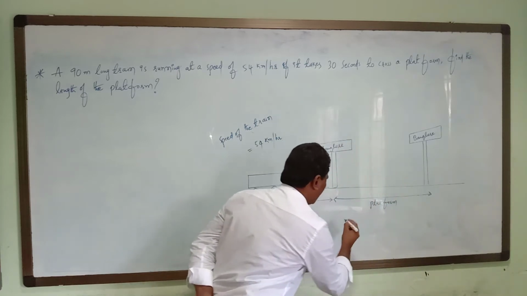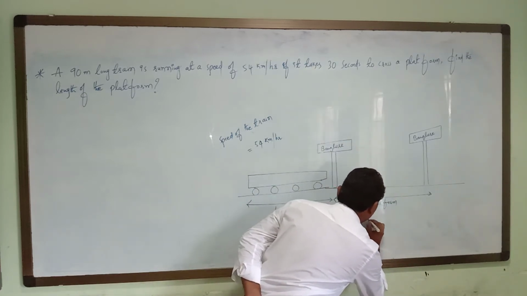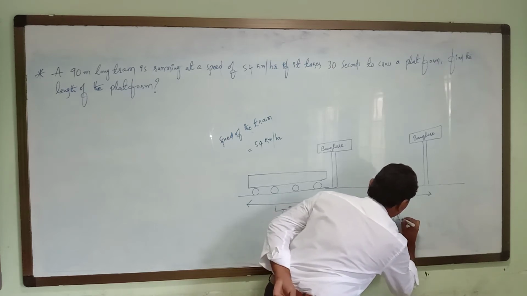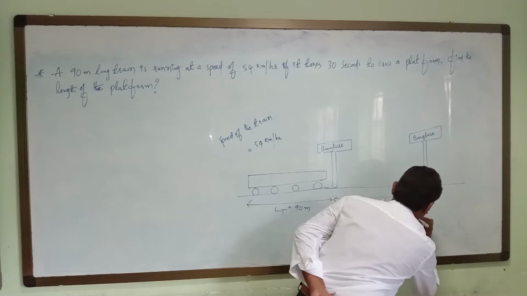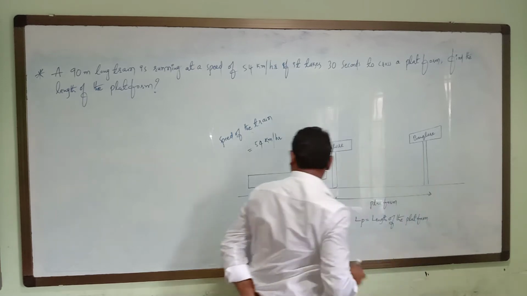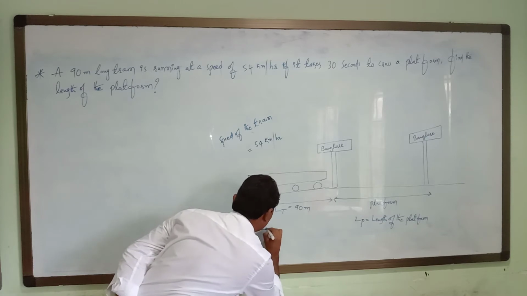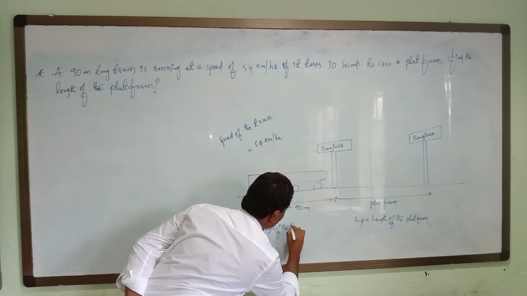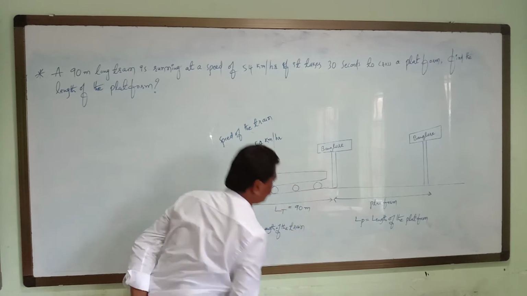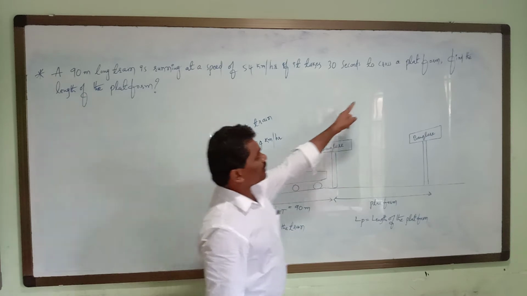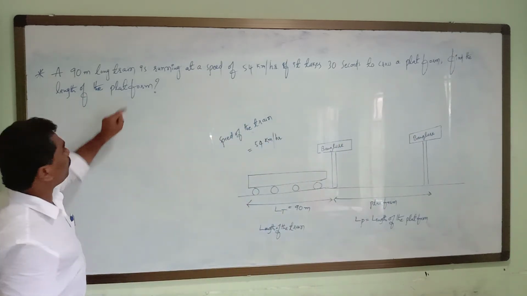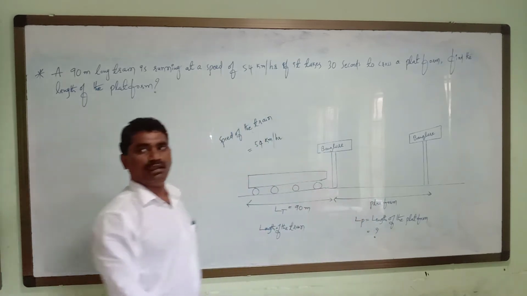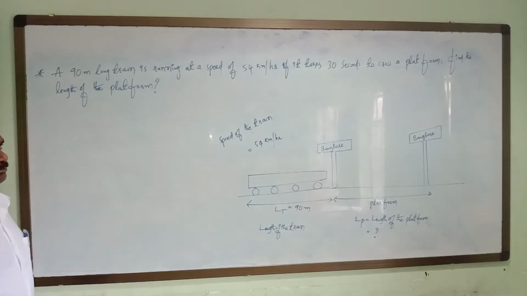Here we have to find out the length of the platform, LP, that is the length of the platform. Here LT is the length of the train. Now we have to calculate the length of the platform.